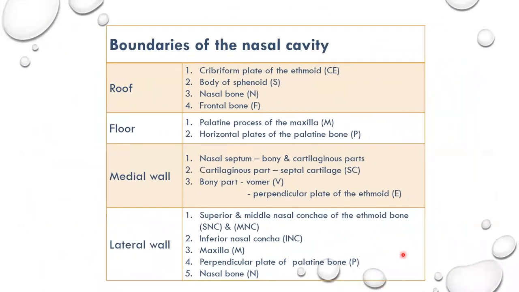This is the list of the bony and cartilaginous skeleton that forms the boundaries of the nasal cavity. You should at least know one or two types of skeleton that form the roof, floor, and medial and lateral walls of the nasal cavity.